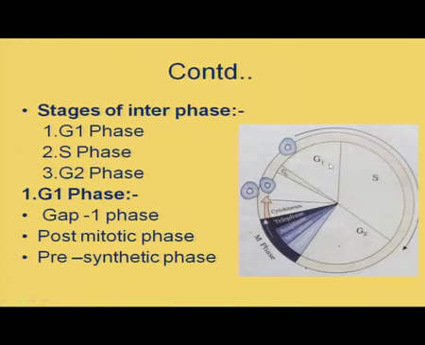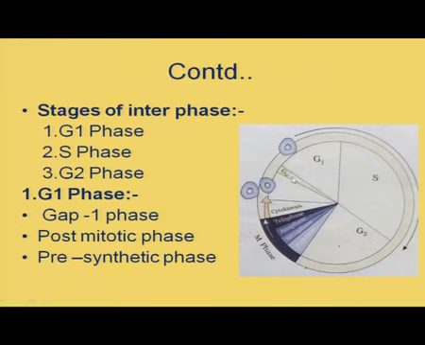Then again when you are observing this diagram, you can see that after these 3 stages, G1, S and G2, there comes yet another phase that we will call the M phase, with different steps such as prophase, metaphase, anaphase, telophase, followed by cytokinesis.